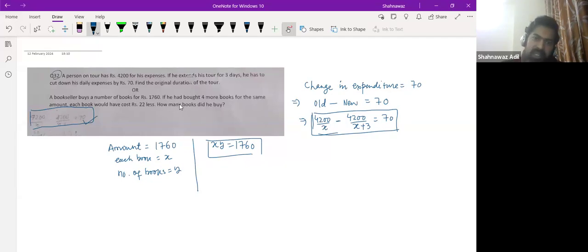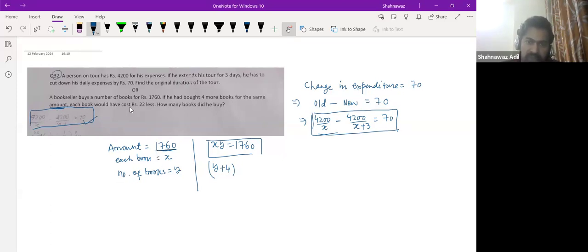Now what they are saying, if he had bought four more books, right? Number of books, y plus 4. Then for the same amount, each book, the amount is same. So this 1760 is same, right?